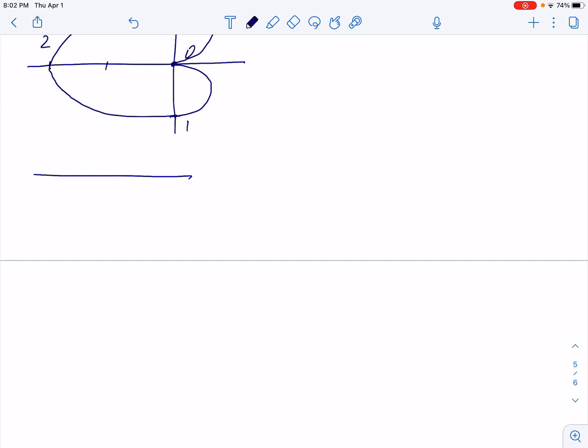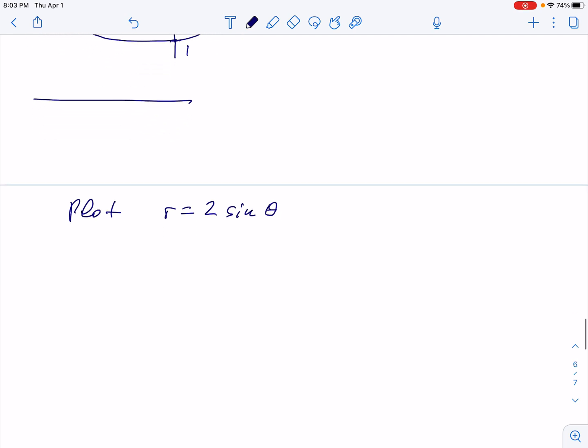We had this equation, and let's put it by hand. r equals 2 times sine theta. Remember, we converted to Cartesian coordinates. This was a circle with center at the point 0, 1.